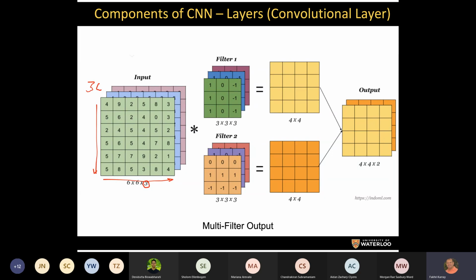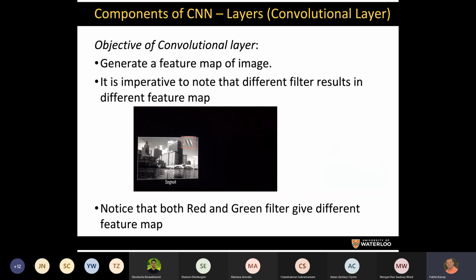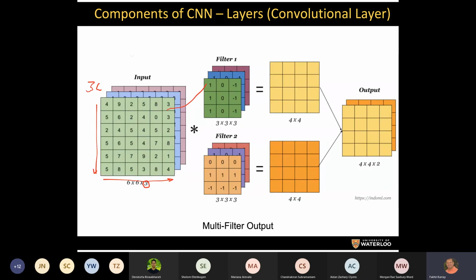For each one of the filters, we replicate the filter for each one of the channels. This is the image that a number of you asked me to repeat because you did not understand it well. For each one of the colors, this particular filter is only 3 by 3, but it is repeated 3 times here.